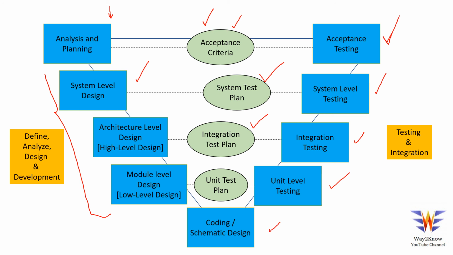Even that is acceptable if your system is at a very low level, but if your system is huge and complex, it is better to segregate it into different modules and follow this entire structure, so that a quality product can be given out and a one-time pass can be achieved.